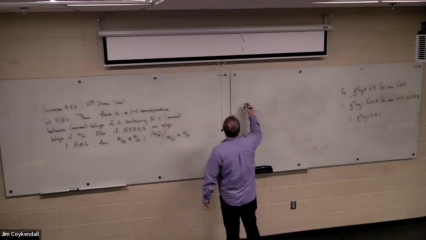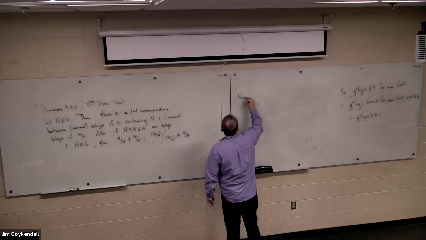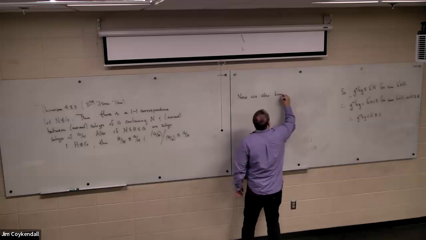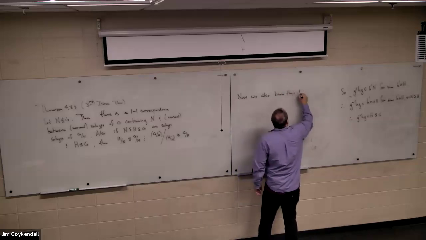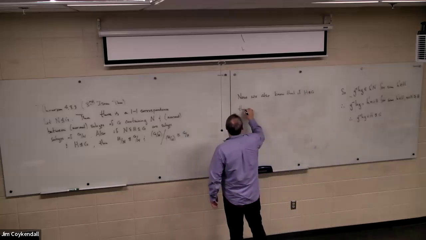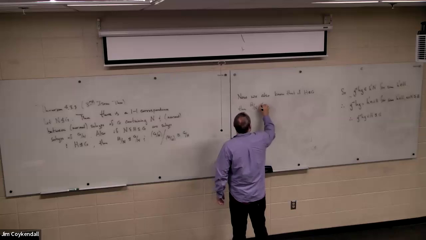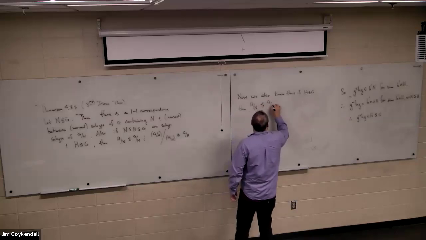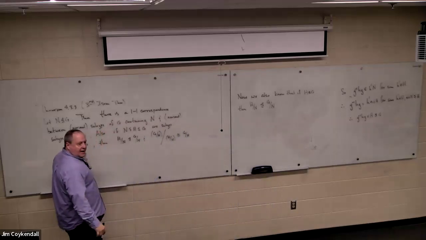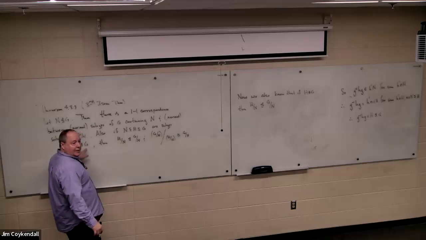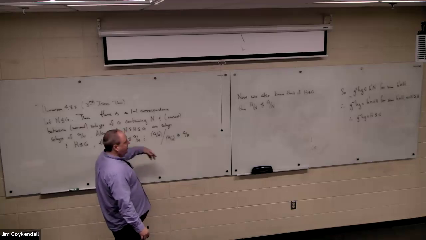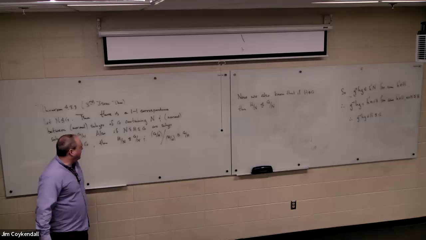What we have done: H mod N is normal mod N. So when we tackle this last statement, we know that if H is an intermediate group and it's normal in G, then this quotient is normal in G mod N. That was one of the things we proved with correspondence a moment ago, right?